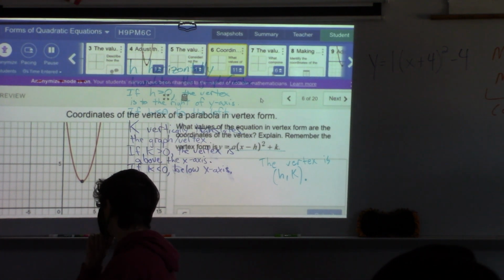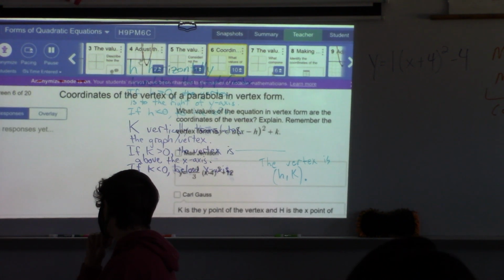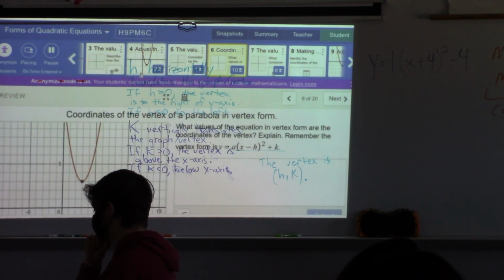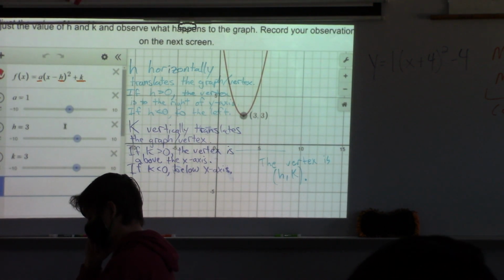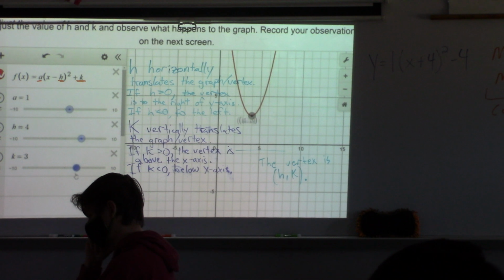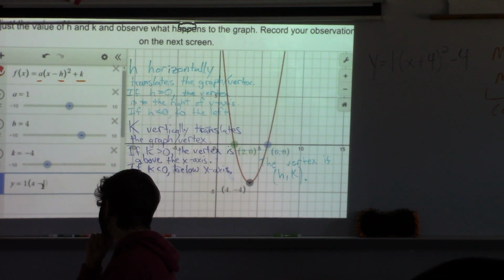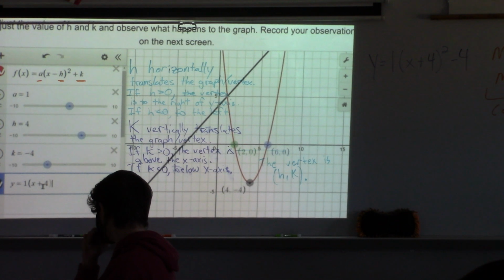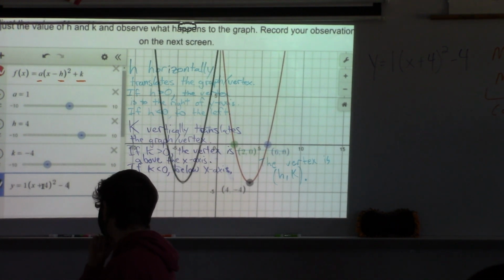Okay. So I believe what Jaden did was he let h be 4, k be negative 4, and then typed that equation in, y equals 1 times x minus, no, plus 4 squared minus 4. Uh-oh. Wait a minute.